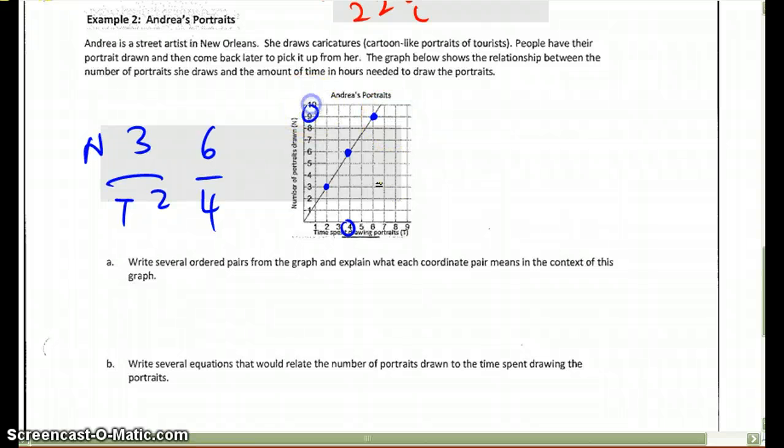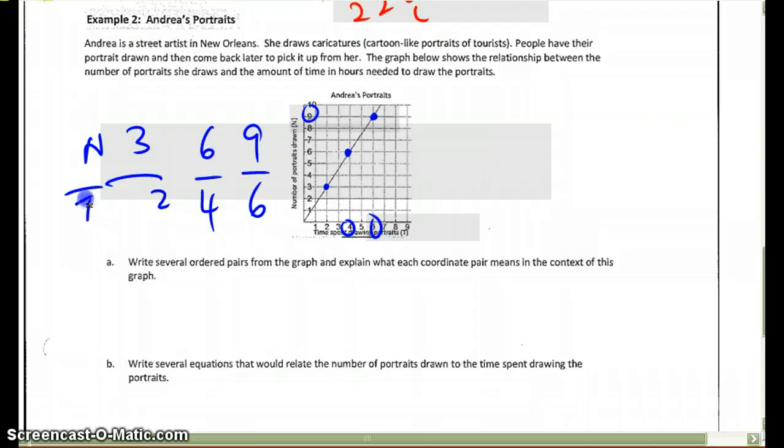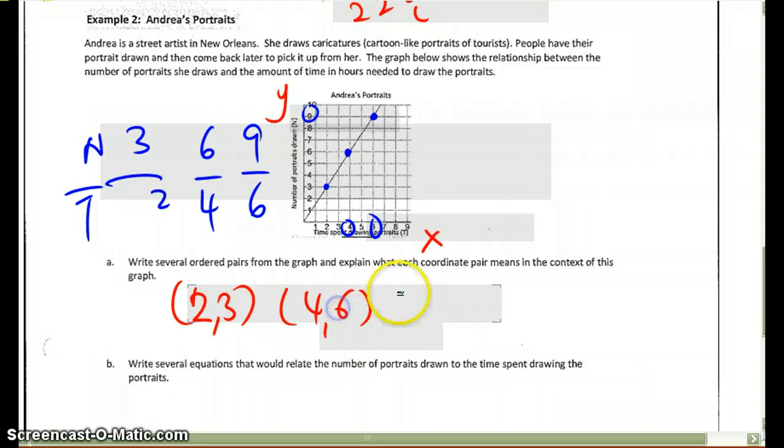And then here, a 9 and a 6. Okay, for N and T. Each of those 3 points that I found is going to be my ordered pair. My X first, then my Y. So 2 and 3, 4 and 6, and 6 and 9.